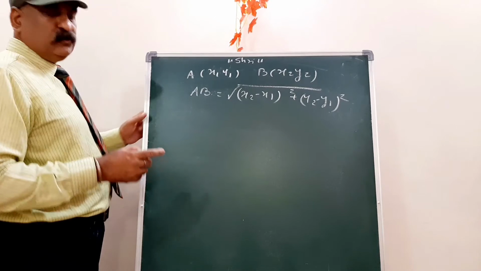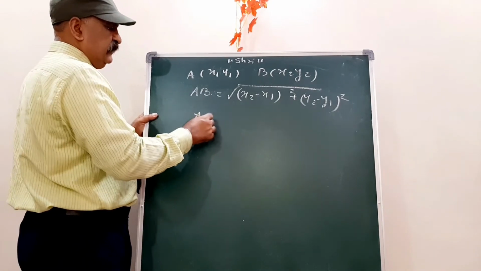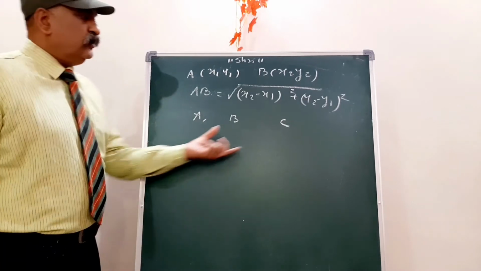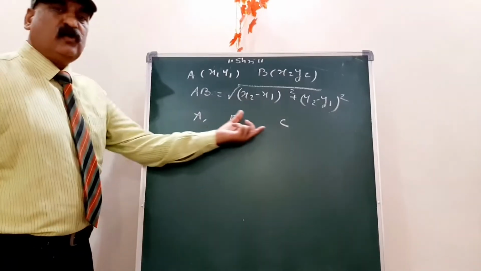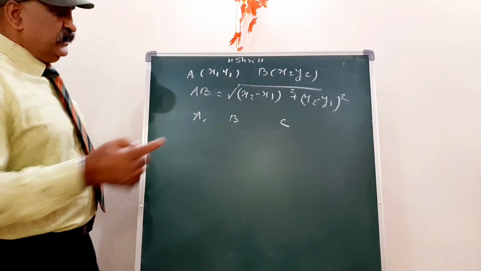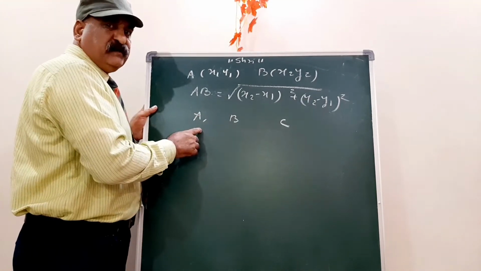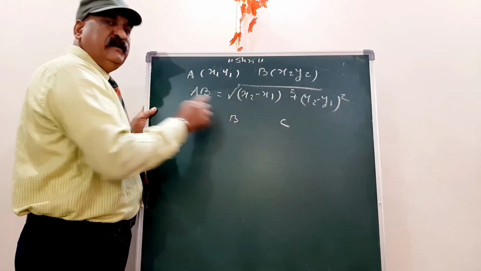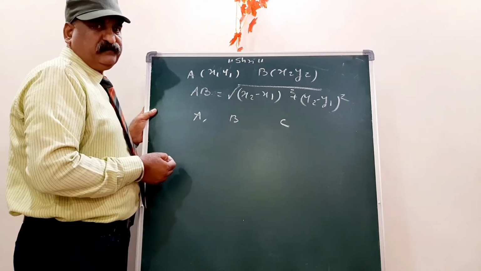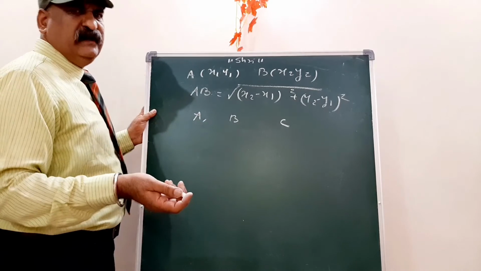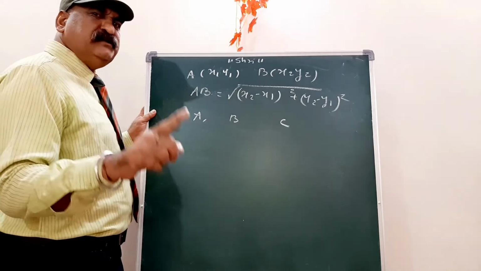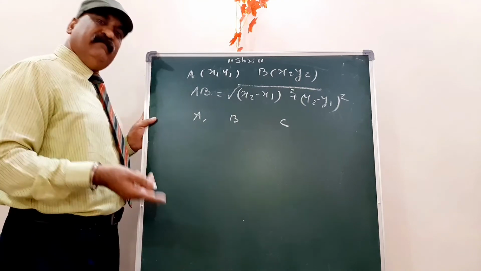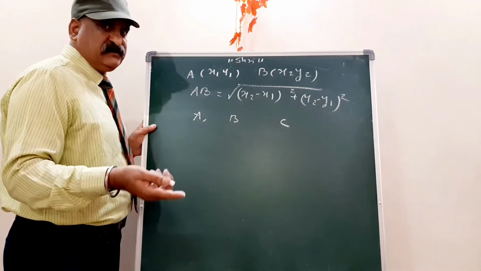And suppose you have to show that the points A, B, C are collinear. What you will show: if the sum of two sides is equal to the third side, then you can say the points are collinear. Now one more formula is there. When the area of the triangle is 0, then the points are collinear. I will give you that in my next lecture.